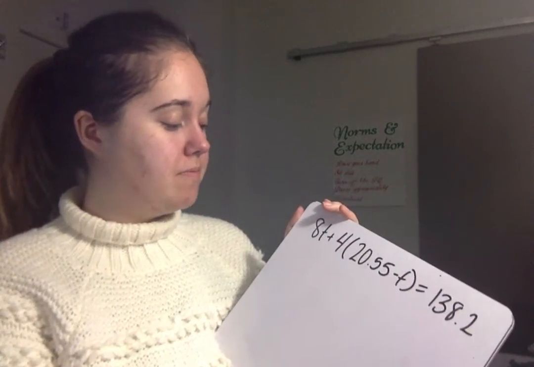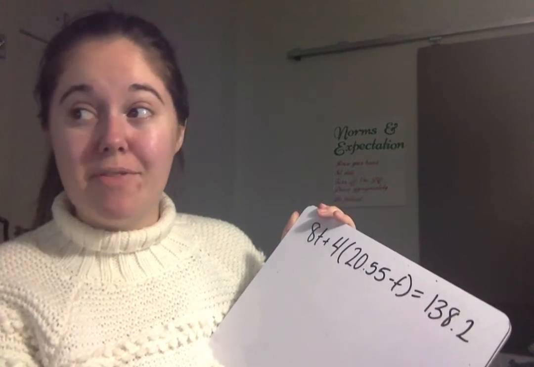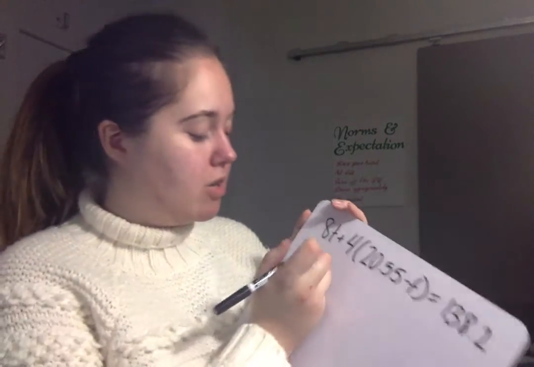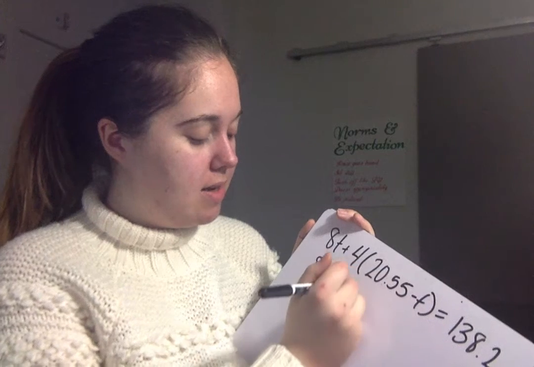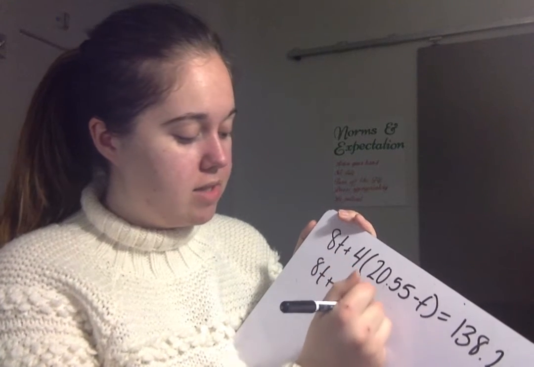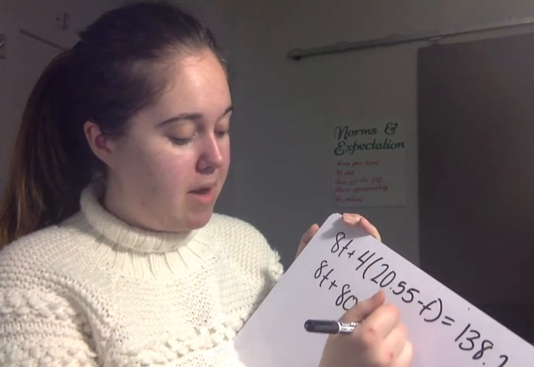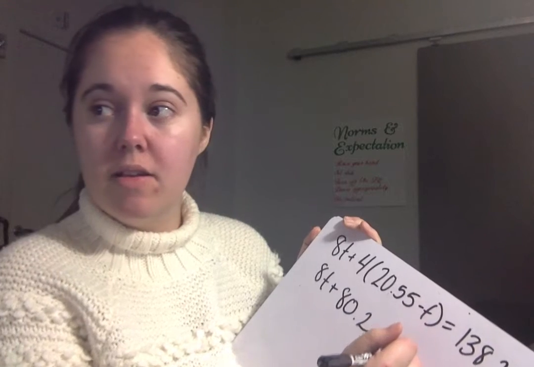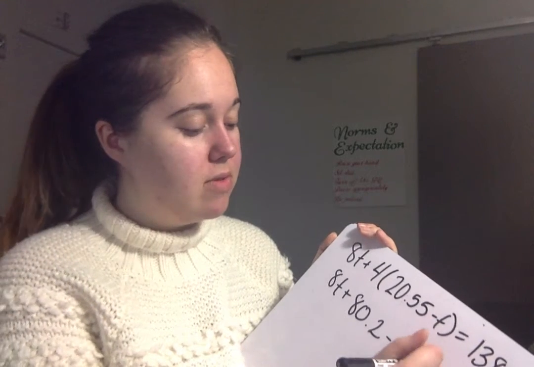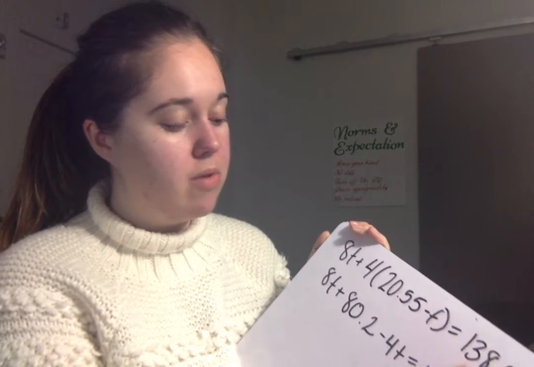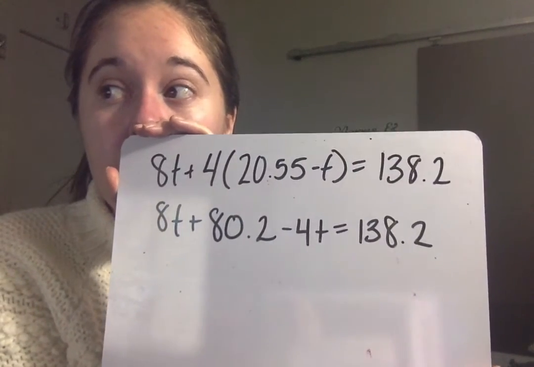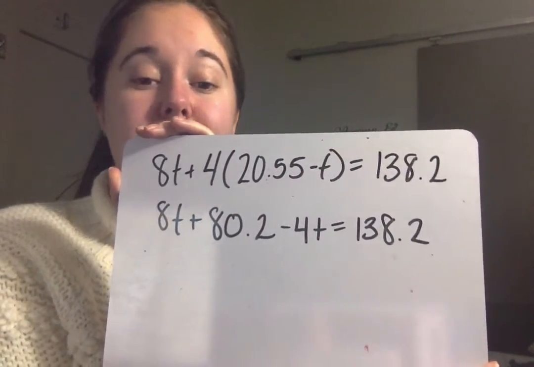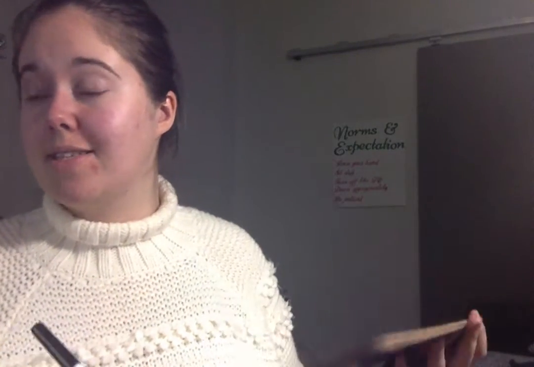So let's simplify this first. So we already knew that simplified part for Sam. So 8t plus, this was 80.2 minus 4t, like that, equals 138.2. Just like that, okay? Remember, you can pause the video if you need to write these things down.